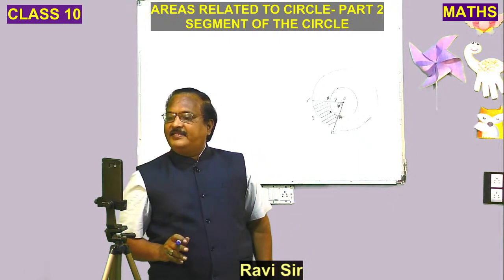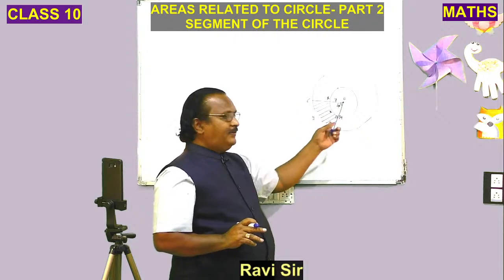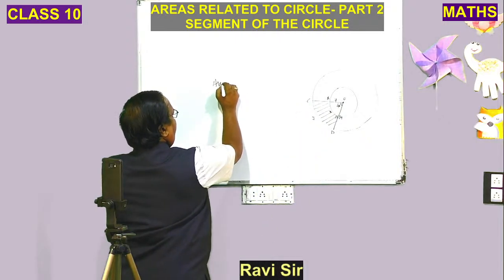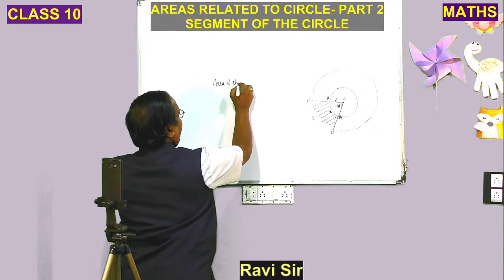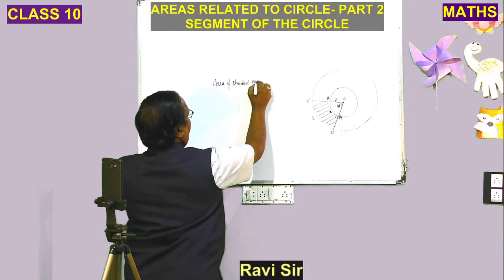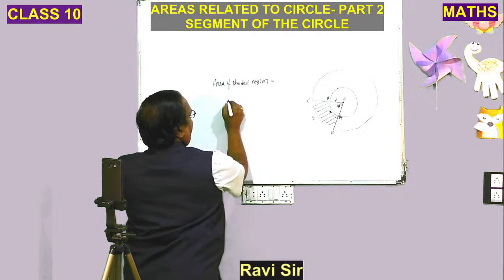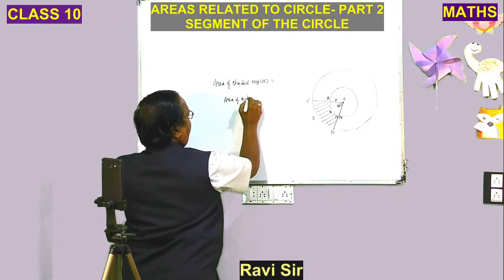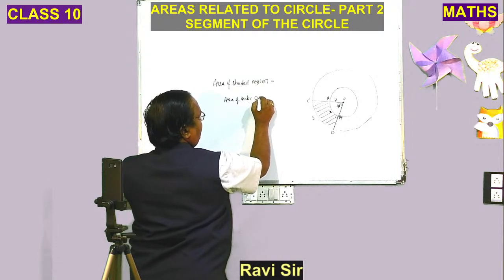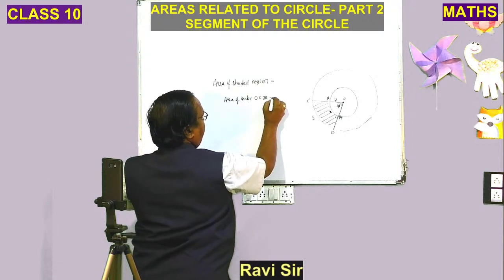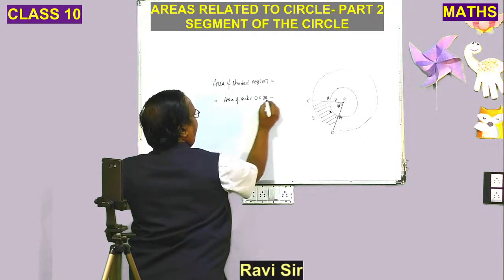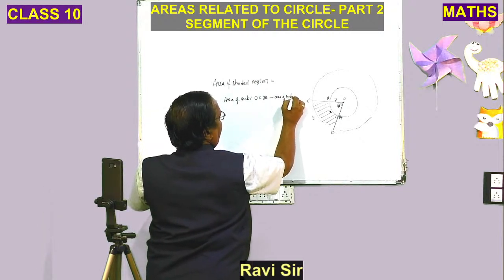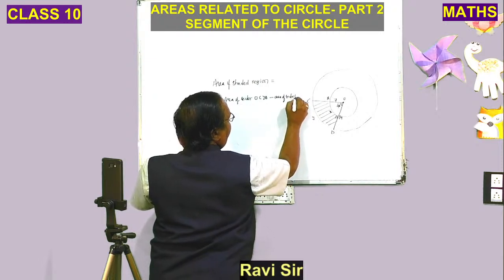Better always give the labeling in the figure. Now area of shaded region is equal to area of a sector OCYD minus, okay, area of a sector OAXB.